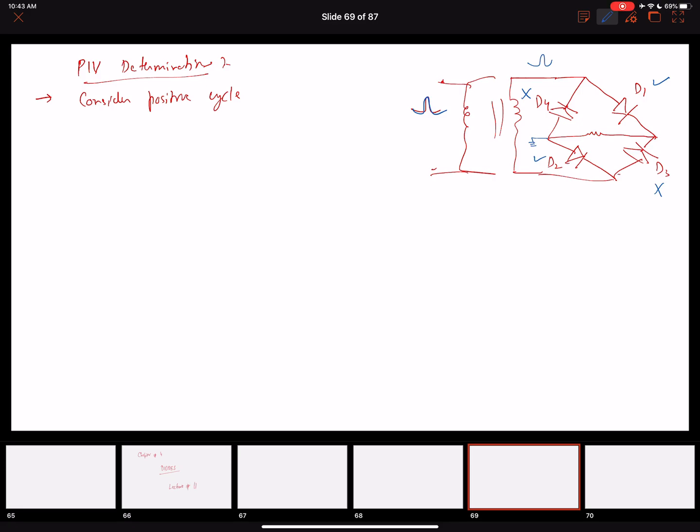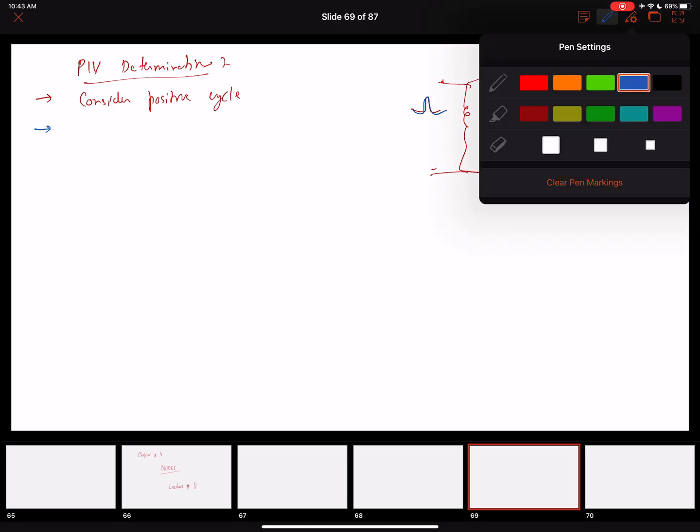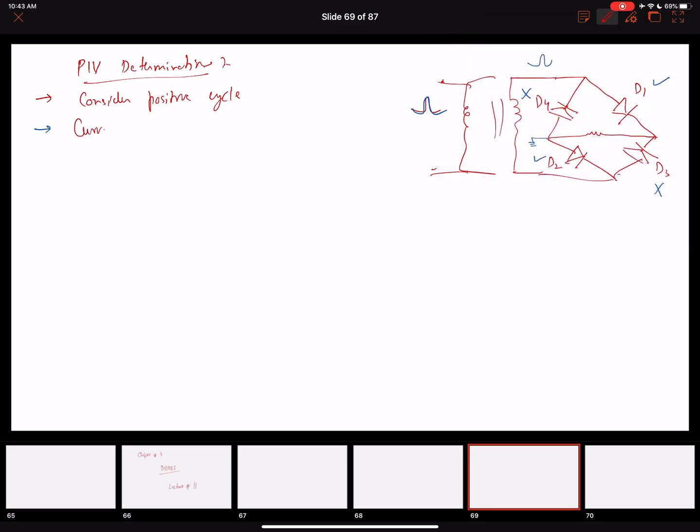So in the positive cycle, current flows through D1 and D3 becomes reverse biased, right? So current is going to flow over here and then through here, and this will become reverse biased.